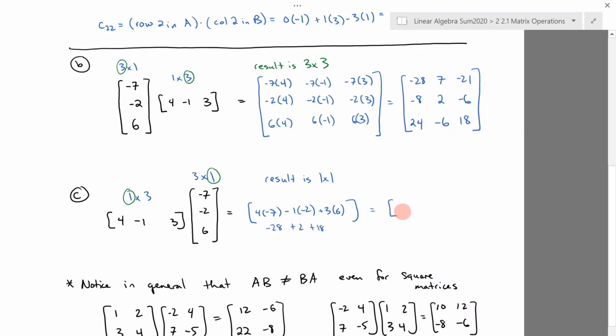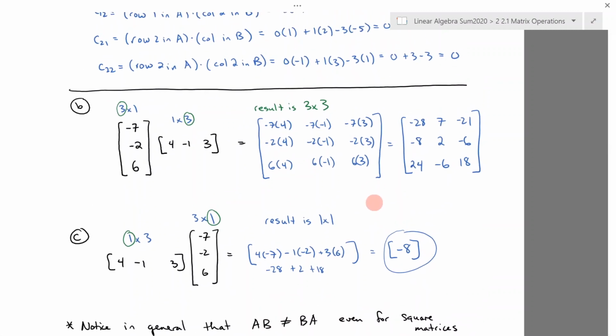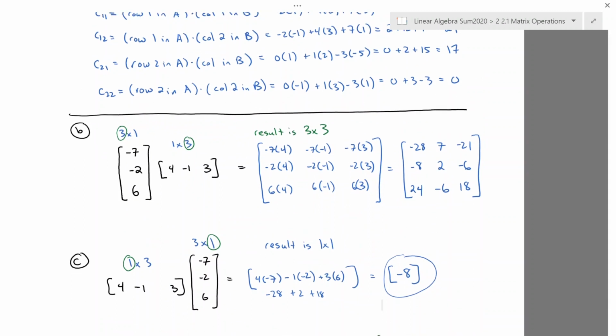So that's equal to -8. Okay, so that's matrix multiplication, right? So again, look at the sizes of the two matrices, figure out what the size of the resulting matrix is, and then proceed to do the dot products of rows with columns.